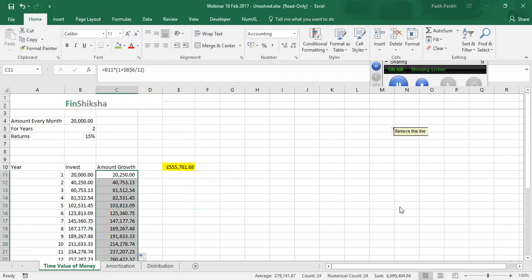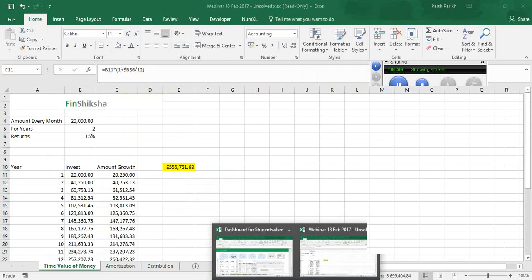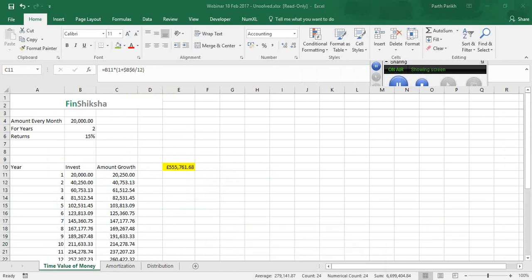In the meantime, I will email you the solved file so that at least you have the output with you.